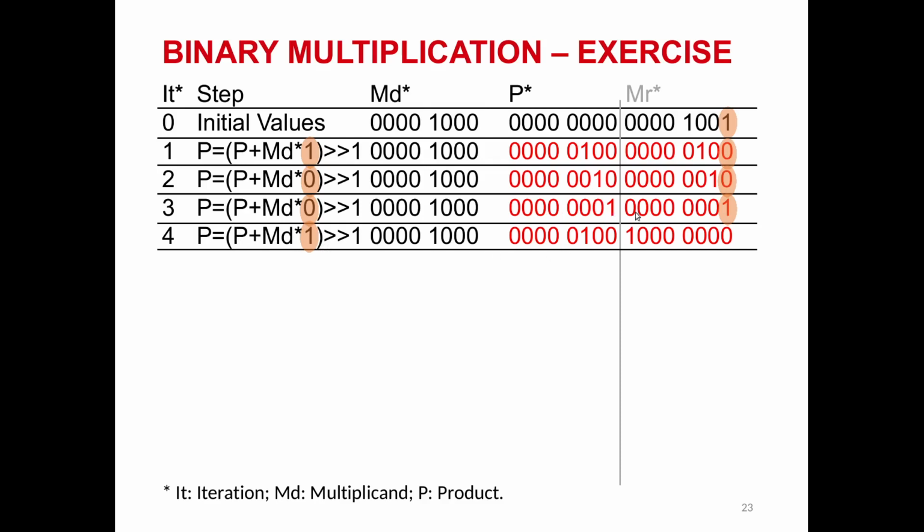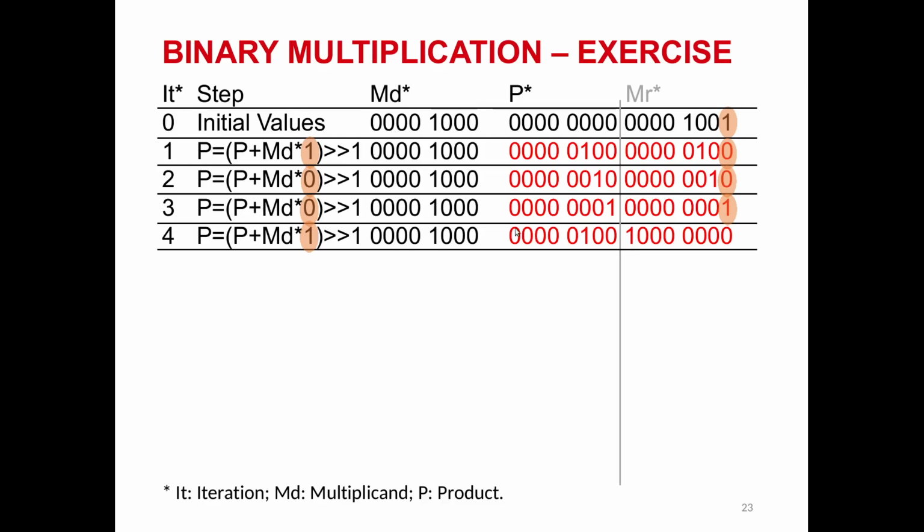So if you add this value together with this value, the value 1 here will be added here, and we will have 1 here, but we need to shift everything to the right for 1 bit. So this bit will be shifted to the right and located here. Similarly, this bit 1 will be located here.